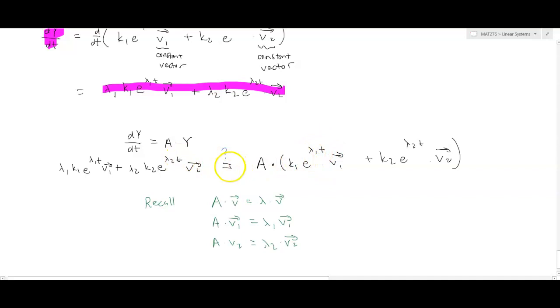There are a couple of ways I can do this. I'll work on the right-hand side. I'm going to distribute that A, and that A matrix can pass over any constants. That's one feature that we can use here. A is going to multiply past the constants over here.